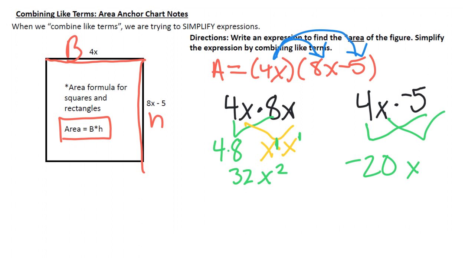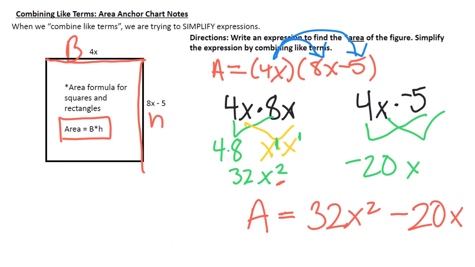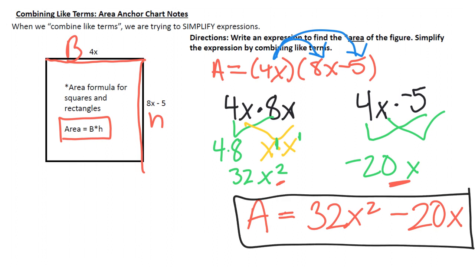And then I'm left with negative 20x. Now I can put everything together for my area is equal to 32x squared, which comes from over here, minus the 20x, which comes from over here. So this ends up being my final answer for the area of the square.